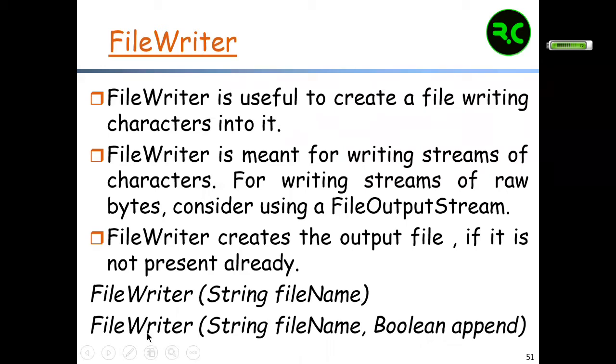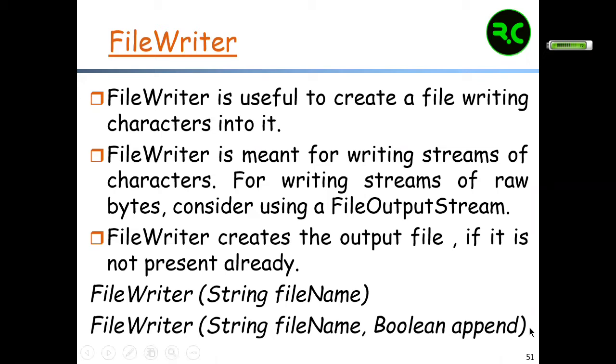And the FileWriter has two types of constructors. The first type of constructor takes a parameter called string, which is the name of the file. The second type of constructor takes two parameters: one is the string, which is the file name, and the second is whether you want to append the data to the existing data or not.